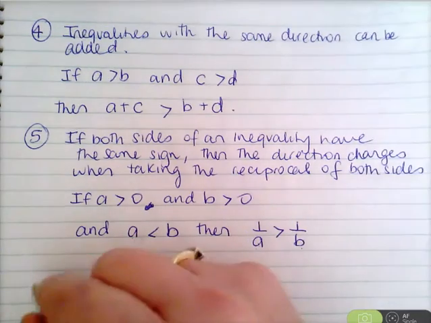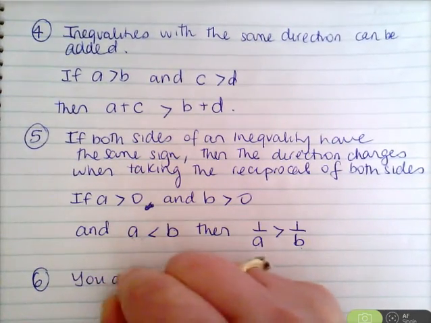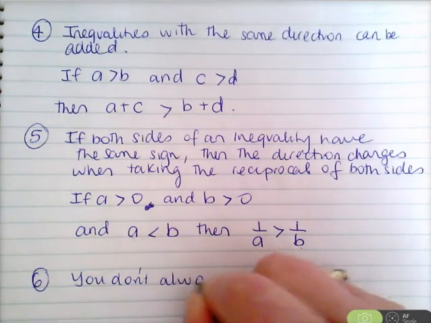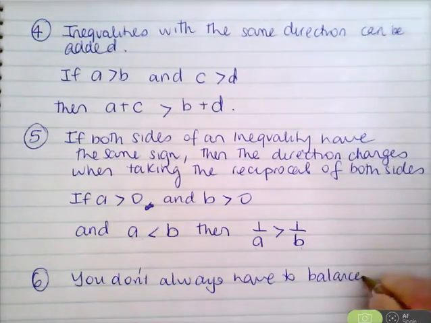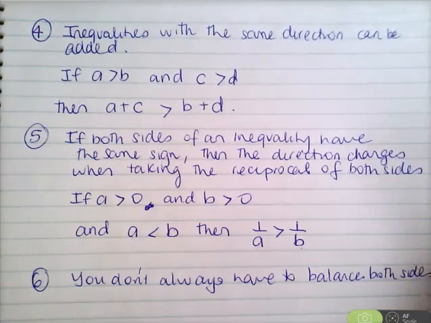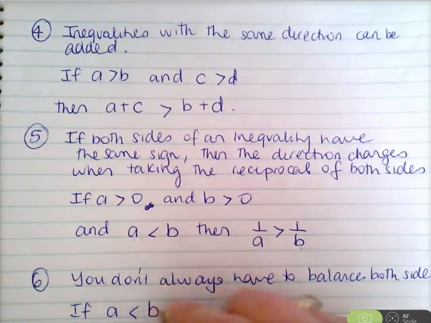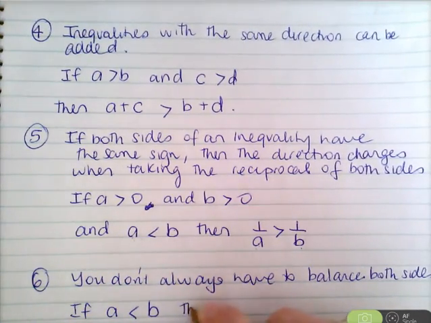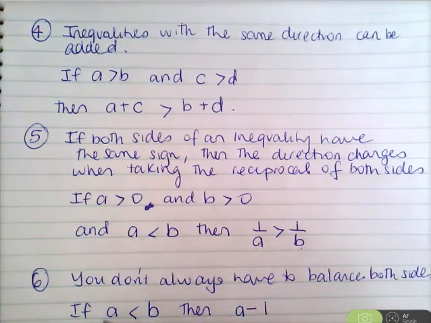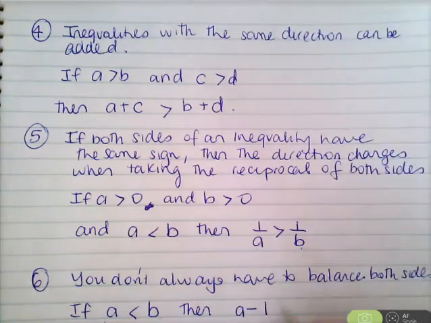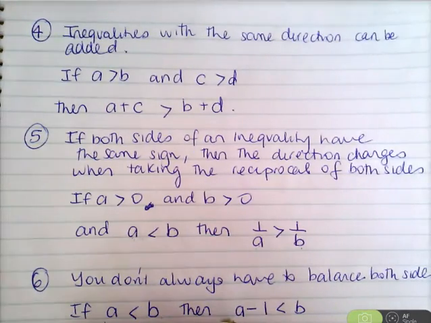Okay. And the last thing is that you don't always have to balance the sides. So you don't always have to balance both sides, just depending on what you need to prove. So for example, if A is less than B, then we can say that A minus 1, because A is already less than B, then A minus 1, which will be smaller than A, will still be less than B. Okay?